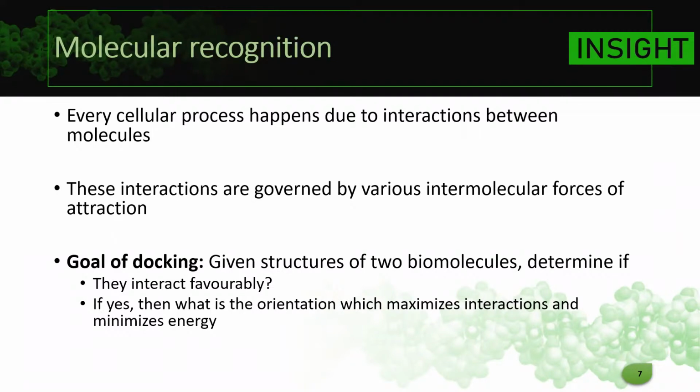As you know, in nature, in any system consisting of molecules, all molecules are always in a constant state of motion, what we call Brownian motion. And any cellular process only happens when there is an interaction or a recognition of one molecule by another molecule as its partner.